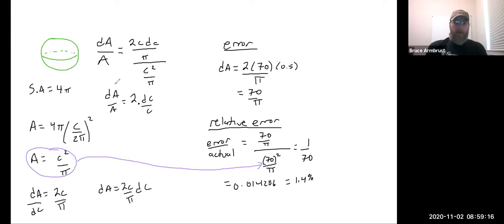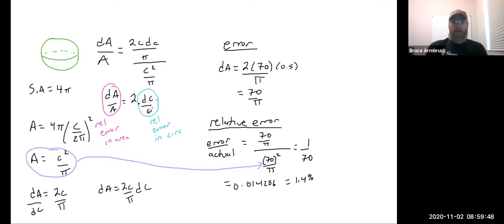So this, the pink one, is our relative error in the area, the surface area. The dc over c, this blue one, is the relative error in the circumference measurement. And so notice that the area relative error is twice the relative error of the circumference.